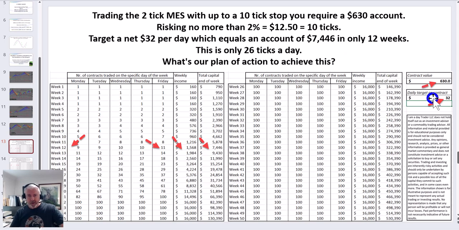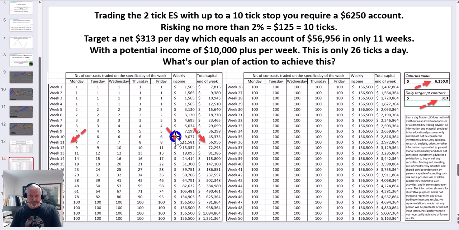But here you're after 32 ticks a day. Within 12 weeks, potentially, you're on $1,500 a week. And by the way, some traders may say, that's all I want, I'm happy to stick with that. But then you may choose to roll over to the big contract. Many of you have seen these videos before and heard me explain this.